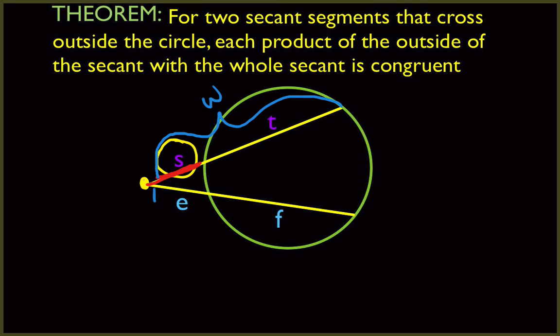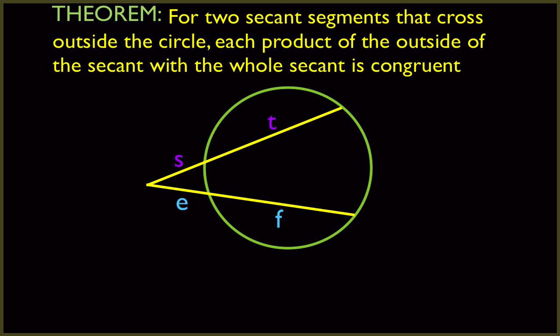So on this one, if I multiply that whole thing, we'll call that D. So this time we have, again on the outside, E times the whole thing is equal to S times the whole thing. Now we don't have to make up a third letter because we already know what this is.